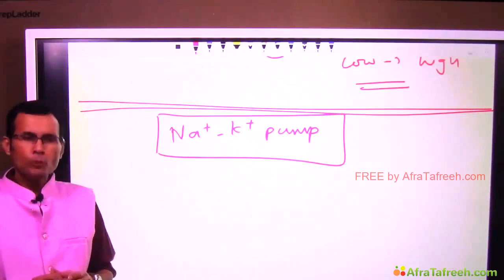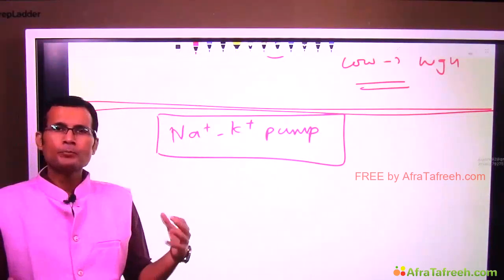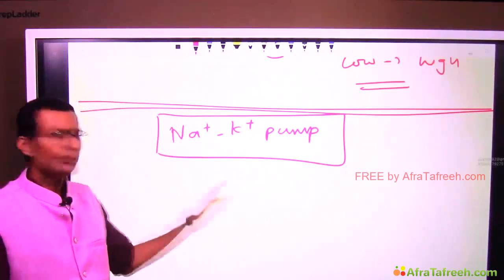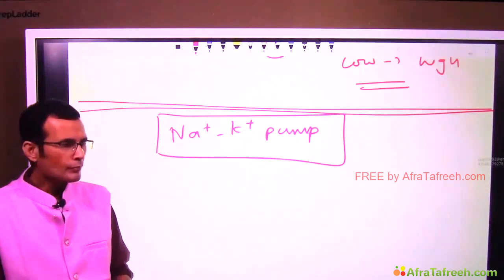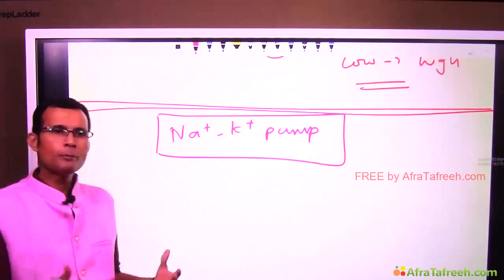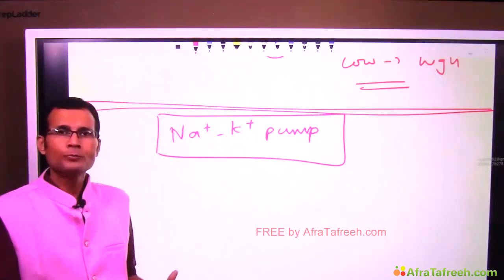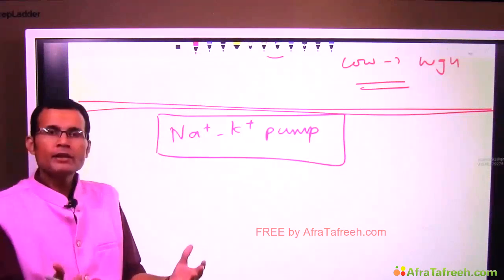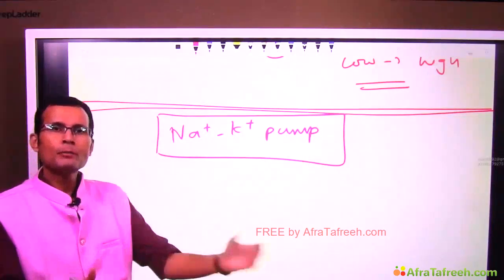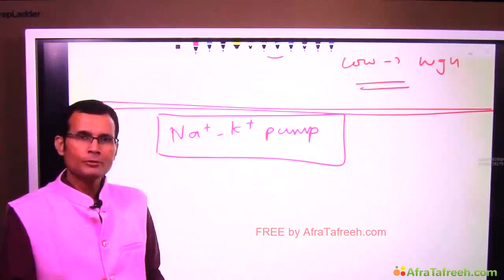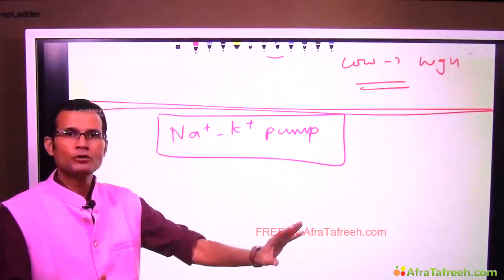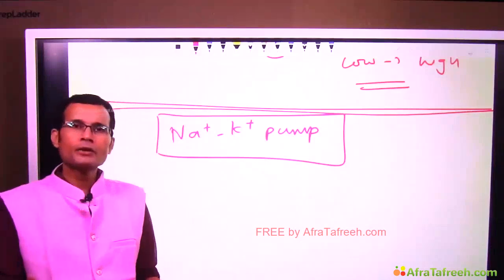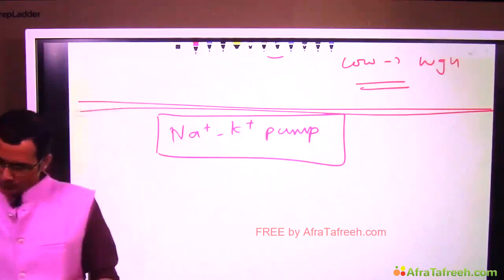But most of the processes in the body are dependent on the sodium potassium pump, and more than half the pathophysiological processes, also disease processes, you can put the blame on the sodium potassium pump and its failure, resulting in those pathophysiologies. So it is a very important aspect of the transports.